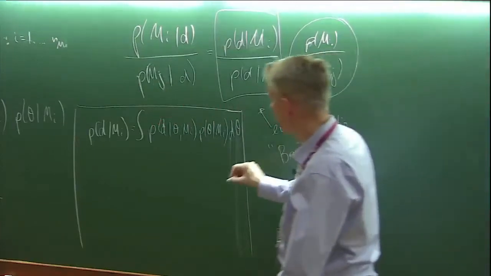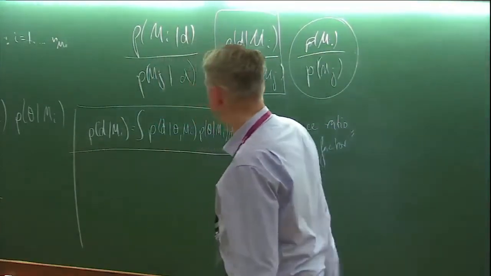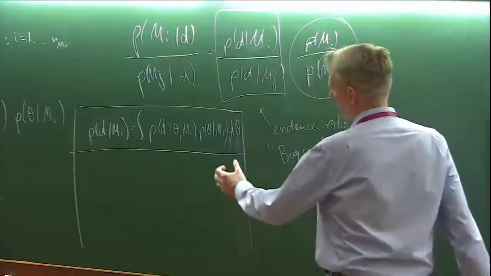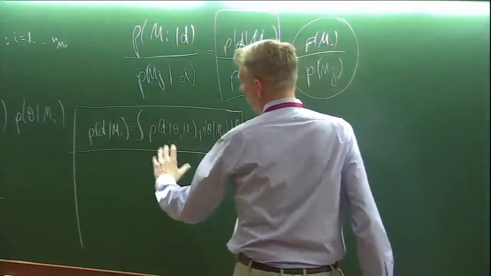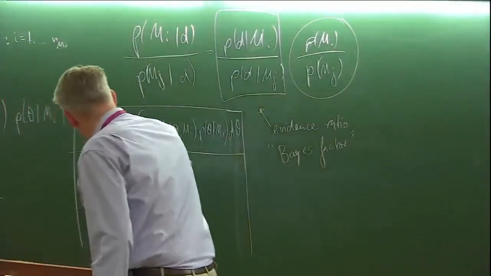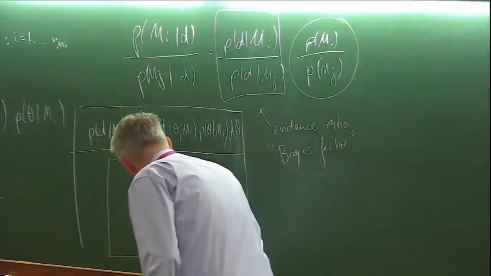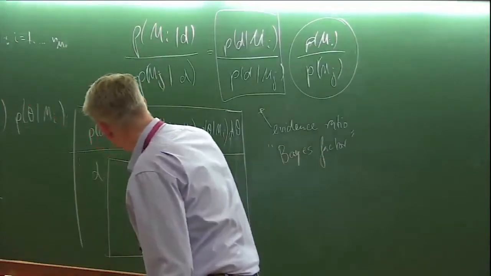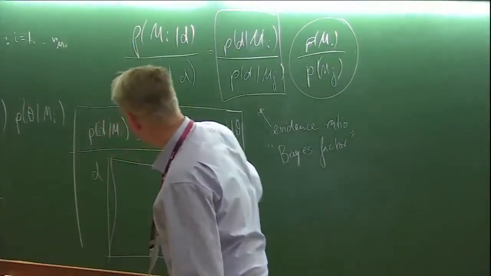This is how you calculate the evidence. And here you can directly see it in our picture that we keep drawing. Theta, D. The evidence is that PDF here.